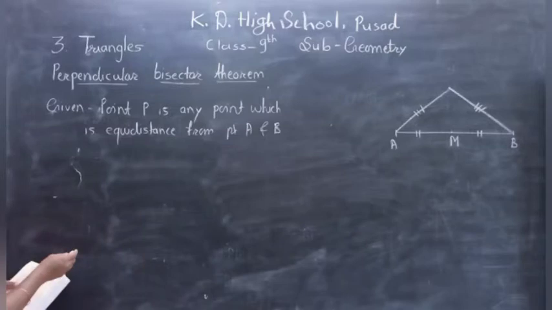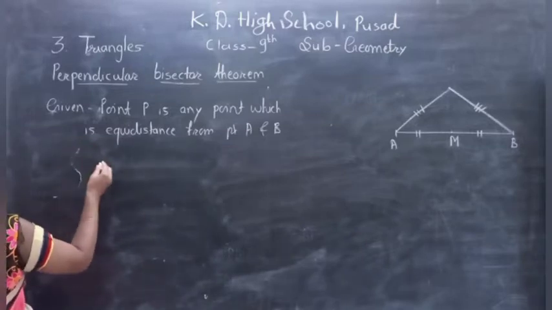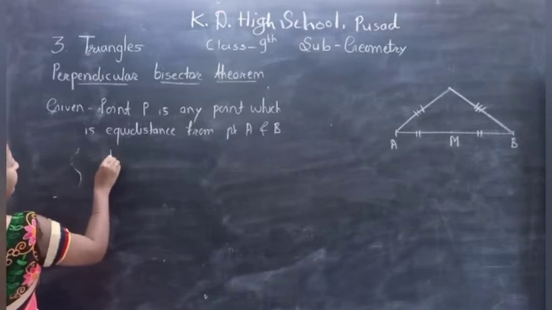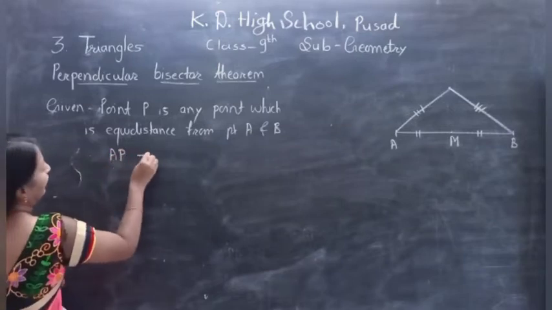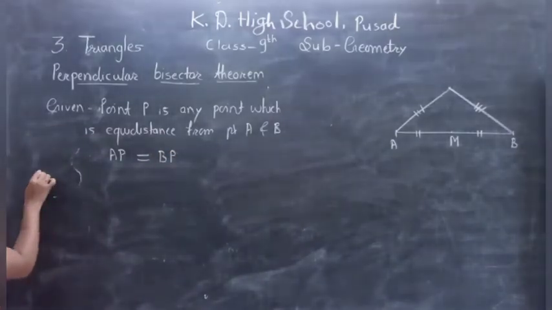Therefore, what is given? AP is equal to BP. This is our given. Now what do we have to prove here?